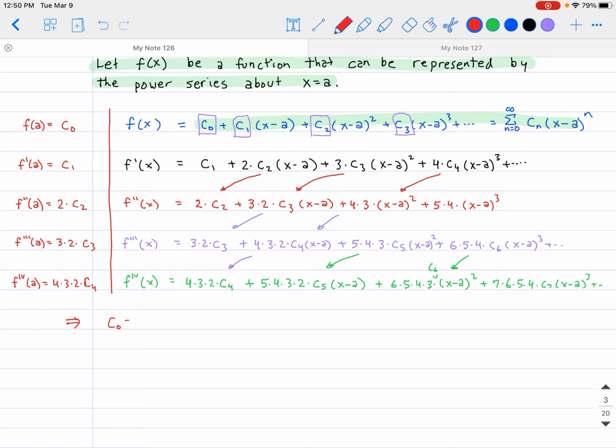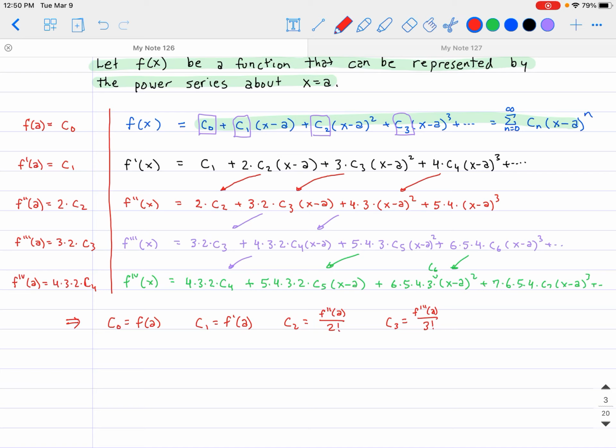So c of 0 is equal to f of a. And then c of 1 is equal to f prime of a. And then c of 2 is going to be equal to f double prime of a divided by 2. And then c3 is going to be equal to f triple prime of a divided by 3 times 2, which I'm going to write as 3 factorial just so that you can see a pattern here.